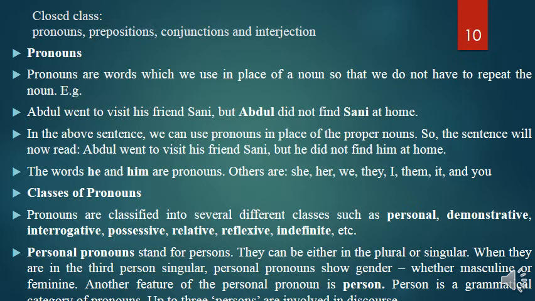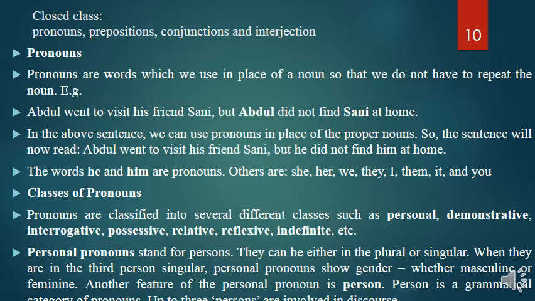Instead of repeating the names, we can say: Abdul went to visit his friend Sani, but he did not find him at home. That is, he is used in place of Abdul and him in place of Sani.